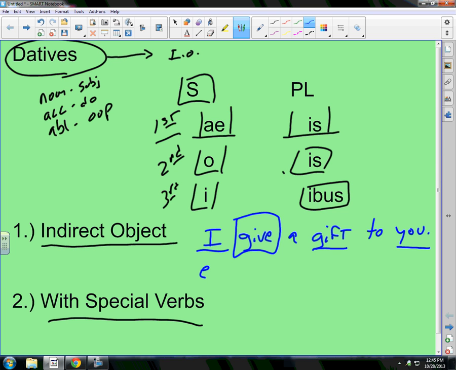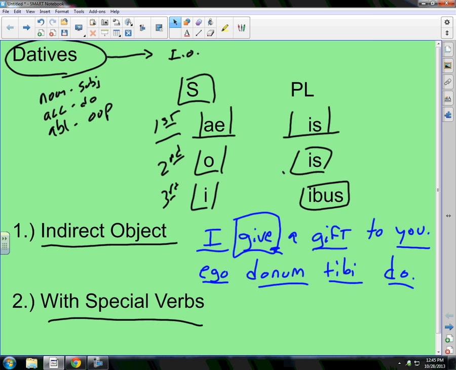So we would have ego, that makes I nominative. We're going to put the verb at the end. So I give, we'd have do. A gift we would have in the accusative case because it is the direct object, and then you would be in the dative case. So then I give you a gift. That's how that works out.